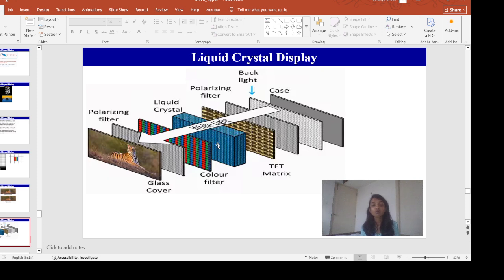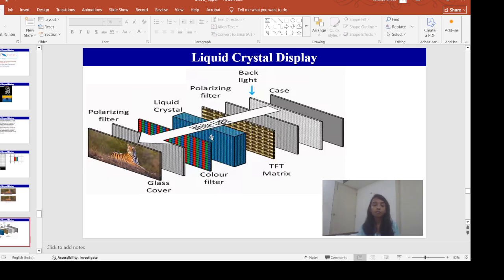Now in this liquid crystal thin film, we have given the vertically polarized light wave. What this liquid crystal thin film will do is twist it by 90 degrees and make it the horizontal light waves.